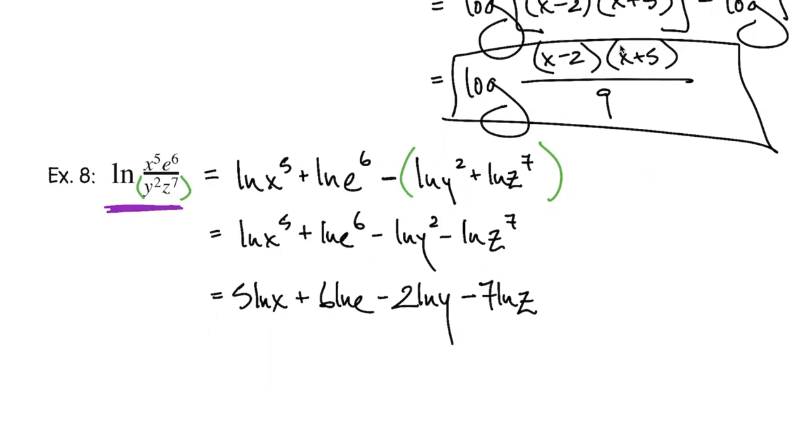And it involves getting rid of a term almost. Natural log e. Natural log e is equivalent to 1.